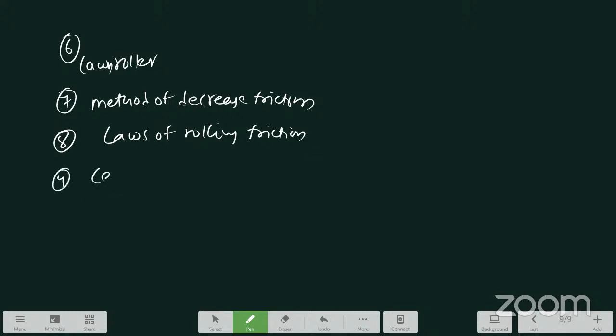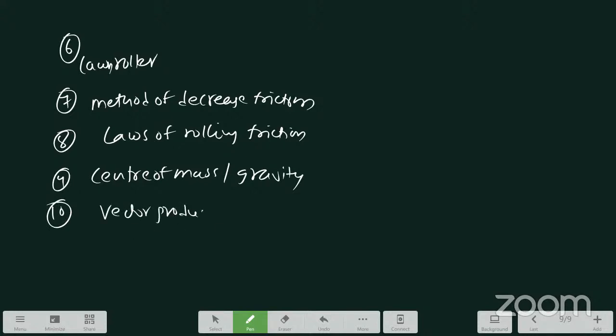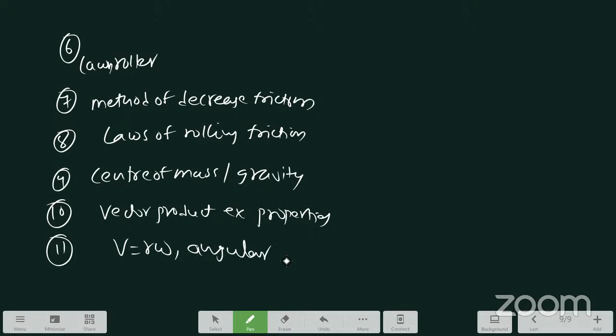Next, center of mass and center of gravity difference. Next, vector product, example with properties. Next, define angular velocity, v equals r omega.